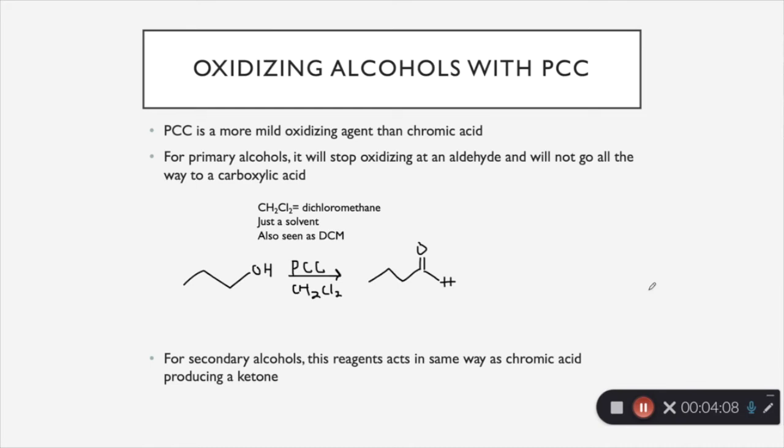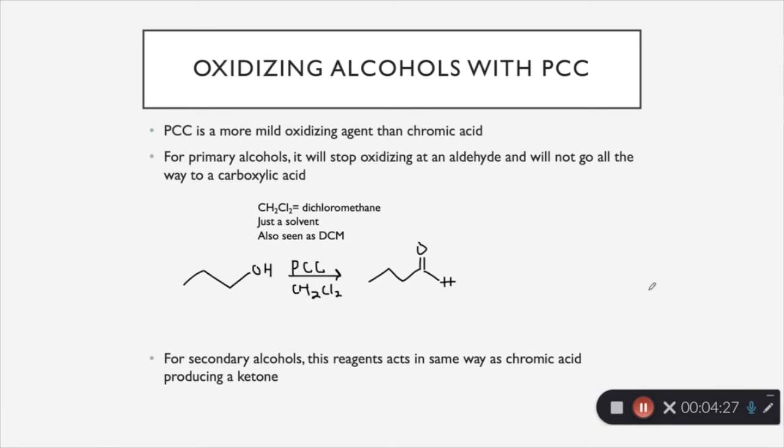Alright, so now we are going to be talking about a little bit more of a mild oxidizing agent than chromic acid. So for primary alcohols, remember it has two ways that it can oxidize. It can oxidize once into an aldehyde, and then it can oxidize again into a carboxylic acid.